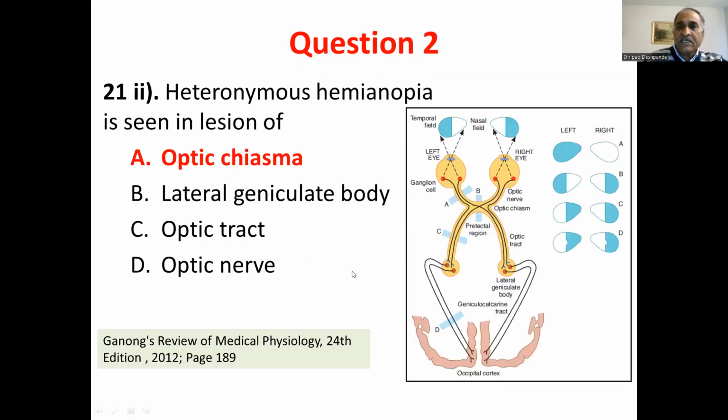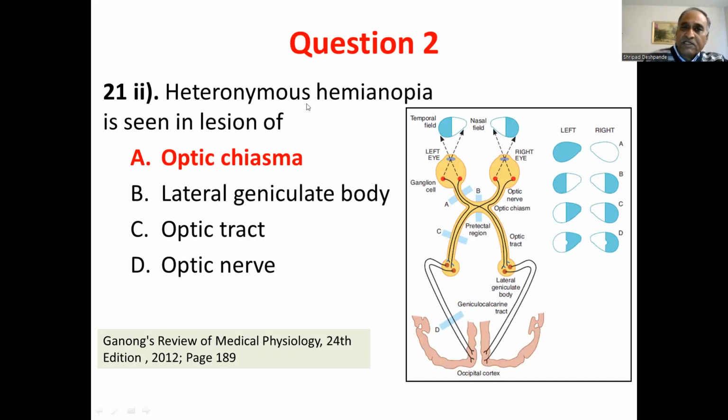Now look at this. So this is the optic chiasma, with the central lesion here. This is the optic nerve, and this is the optic tract, and this is the lateral geniculate body.